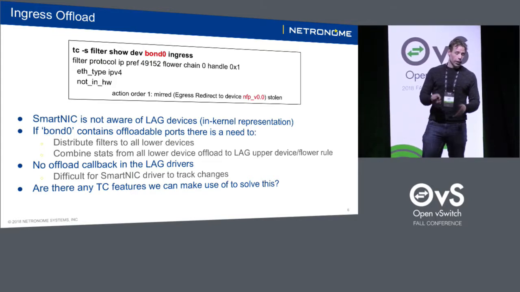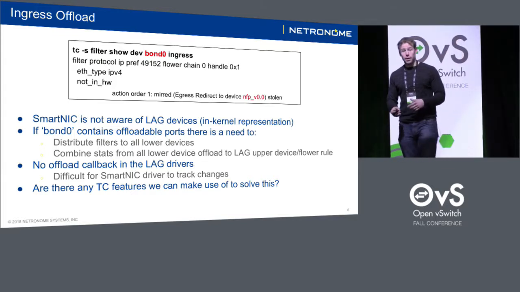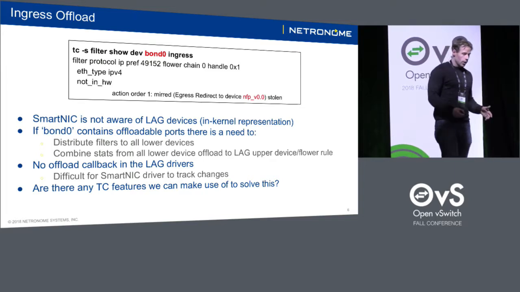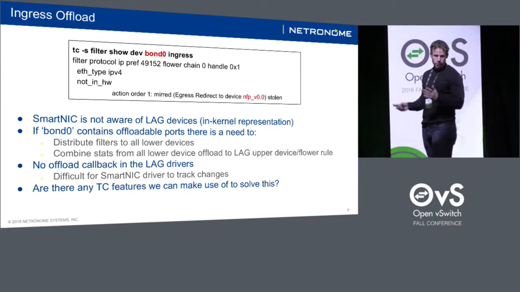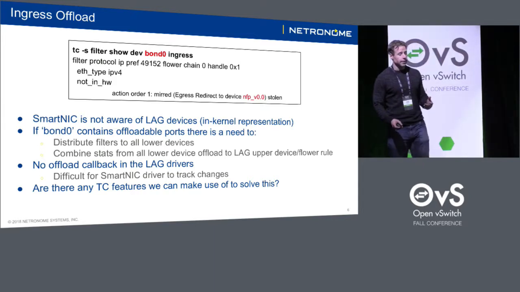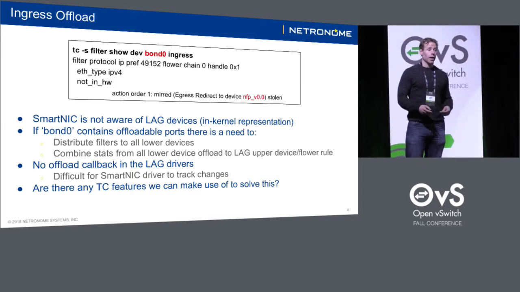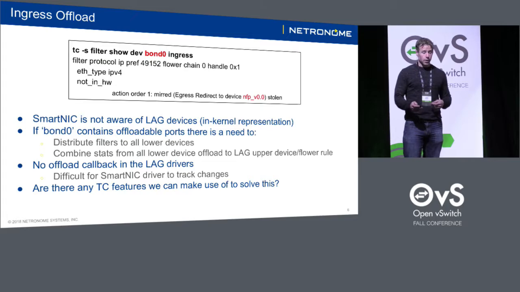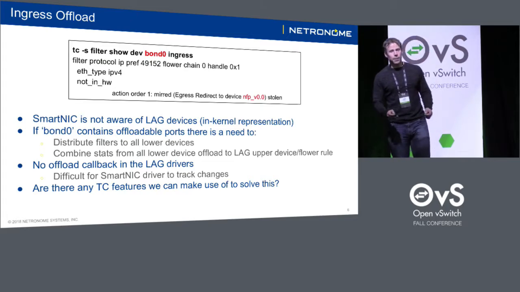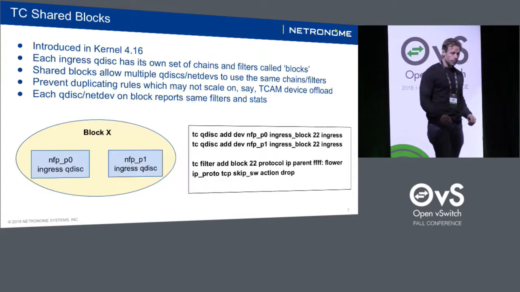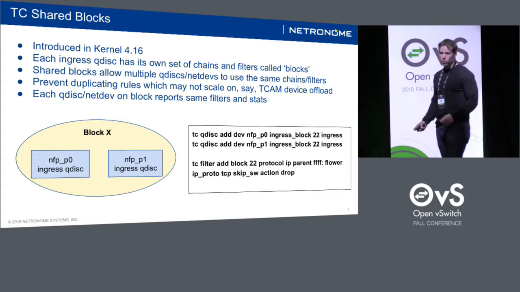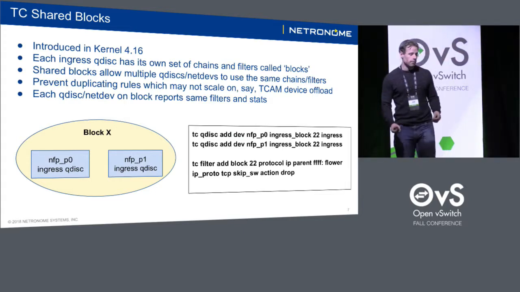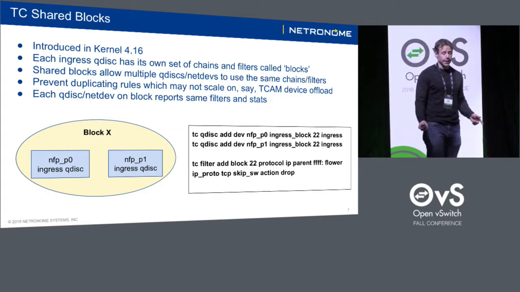So we want to know, is there some way we can bridge this gap and hook this all together? Rather than going away and trying to design something new and come up with our own ideas here, we want to see if there are any features already available in Linux and possibly in TC that we may be able to make use of. The idea of TC shared blocks was upstreamed to the kernel and is available in 4.16.